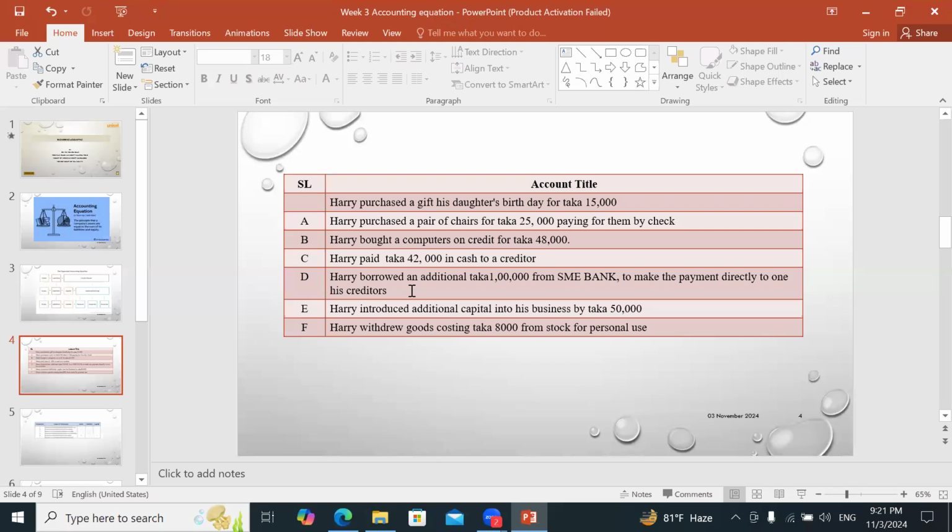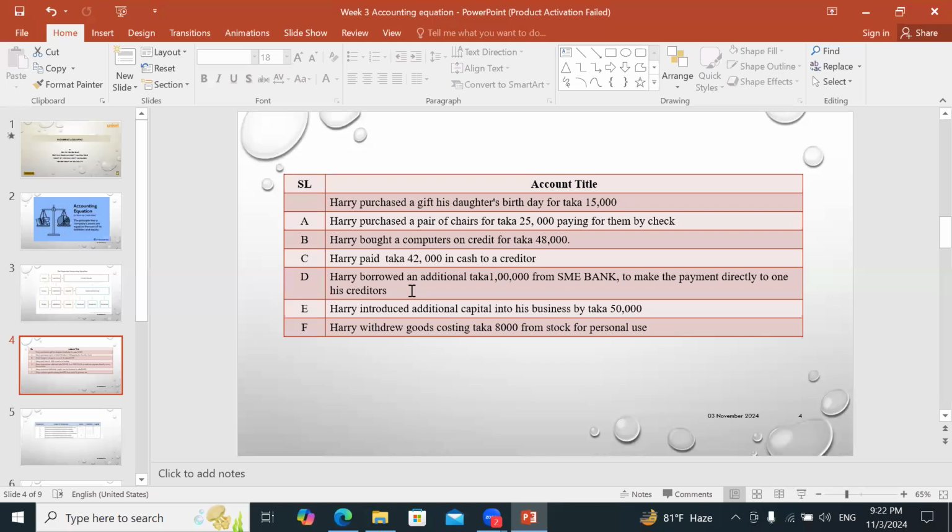Any condition where you are bound, you are liable to pay in future, is considered a liability. So borrowed means some money you have taken with a condition of future payment. So it is your liability.